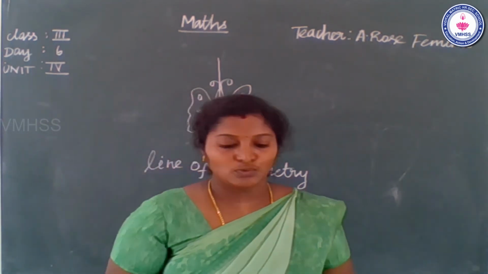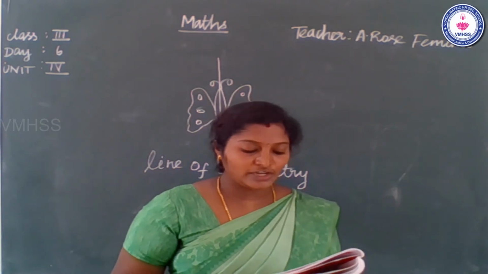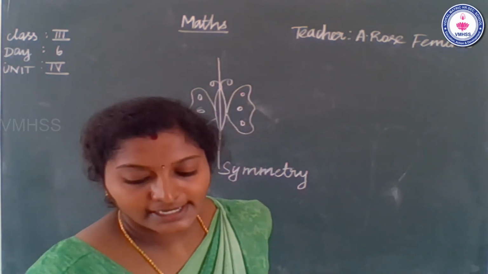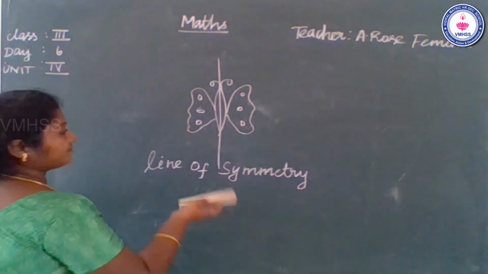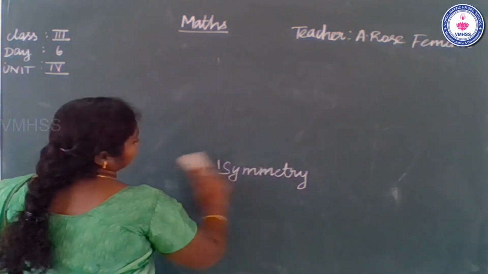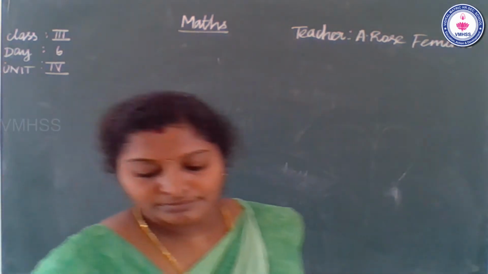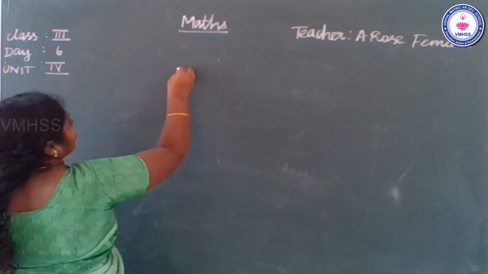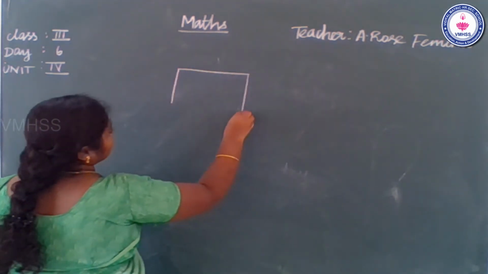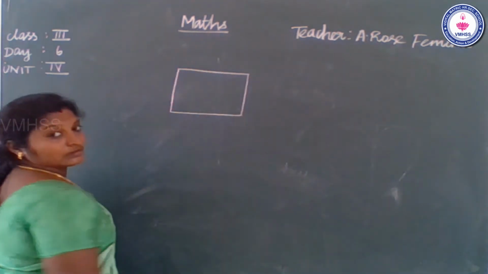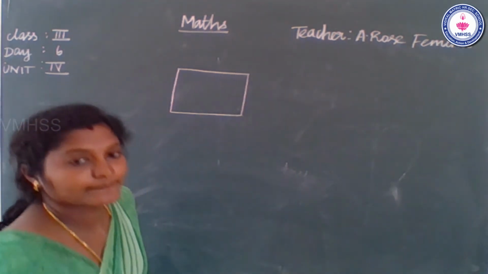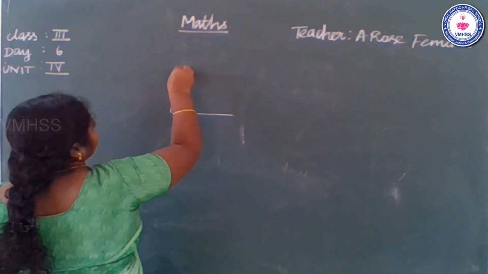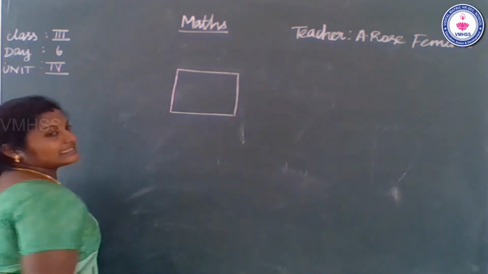So what is the next one? Lines of symmetry in different shapes. Do you know the shapes, ma? See the board. What is the shape?